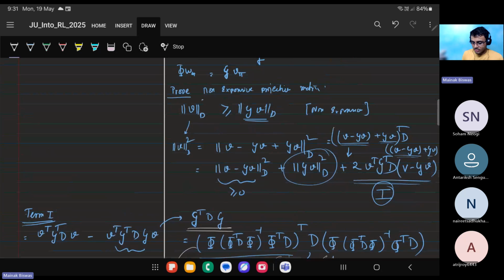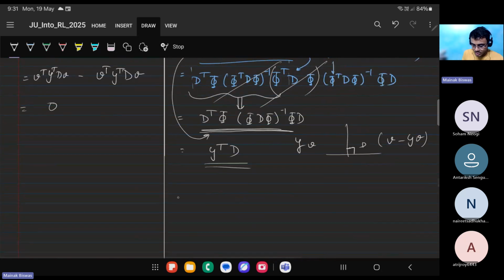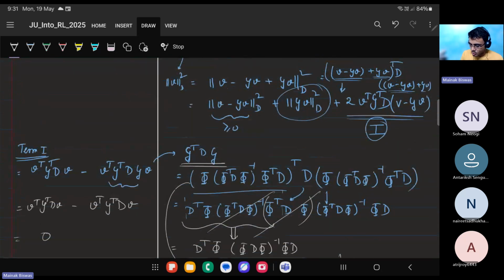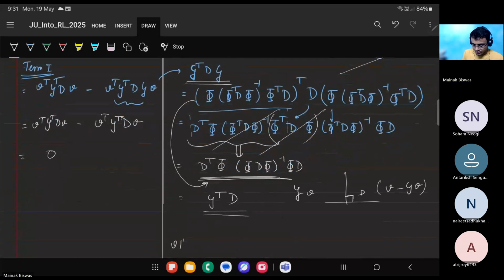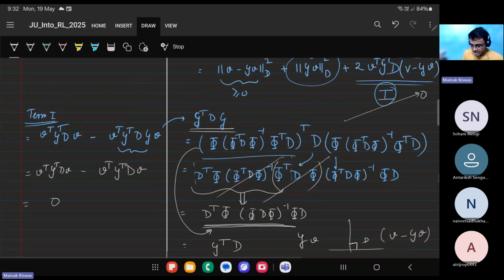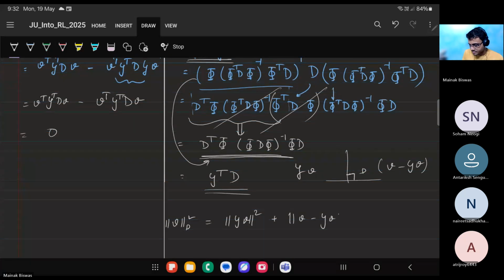So now what did I end up proving? This term goes to 0. So what do I have now? Tell me. The D norm of V squared is equal to the norm of GV squared plus what else? V minus GV, yes or no, squared.